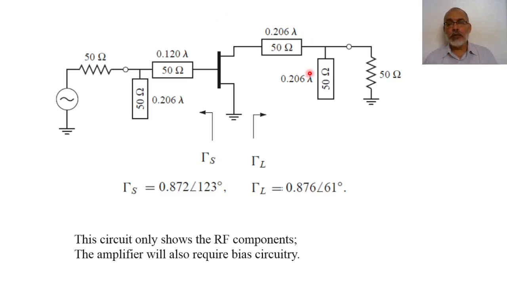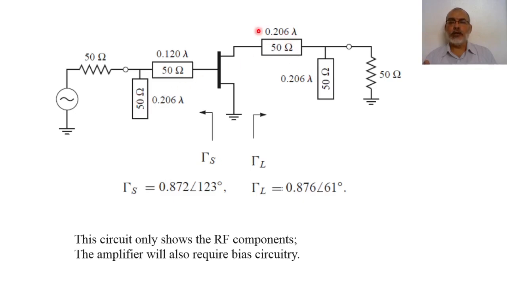The value of lambda here, or the length of the section here, is in terms of lambda at 4 gigahertz. So if I'm talking about 3 gigahertz or 5 gigahertz, it means that I'm going to convert these lengths from normalized in terms of length at 4 gigahertz to physical length, and then convert them back to normalized lengths at 3 gigahertz and 5 gigahertz. They will be completely different values.